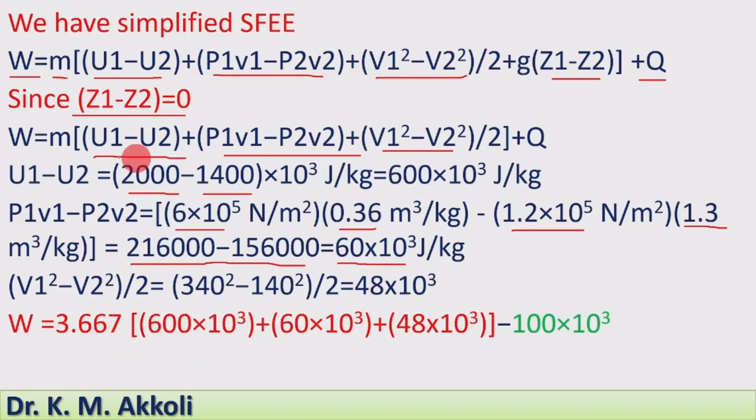After substituting all these values, W is equal to the mass 3.667 into the change in internal energy, 600 into 10 raised to 3, plus the flow work difference, 60 into 10 raised to 3, plus the kinetic energy, 40 into 10 raised to 3, minus the heat, which is a negative value we have taken.